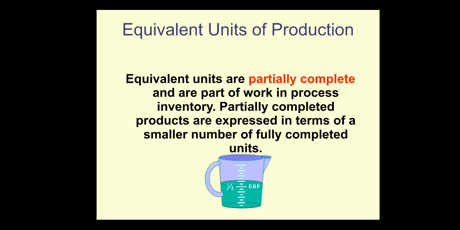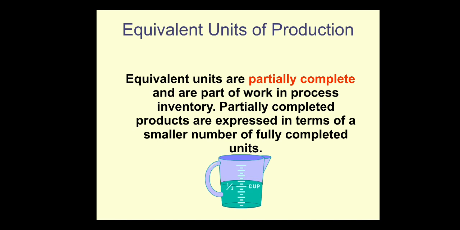And then the next point that I also have explained in the previous lecture is that total cost to produce a product equals direct material cost plus direct labor cost plus manufacturing overhead cost. And then for the process costing system, the equation is simplified.